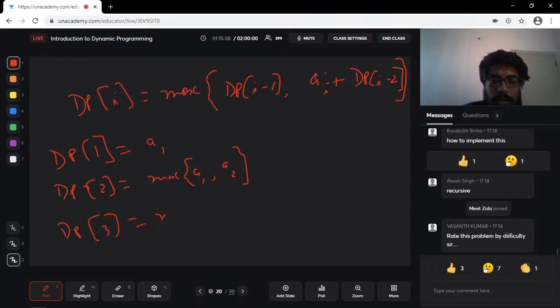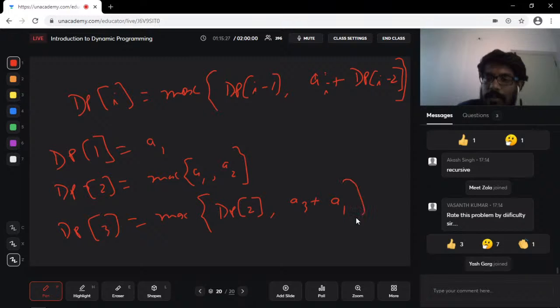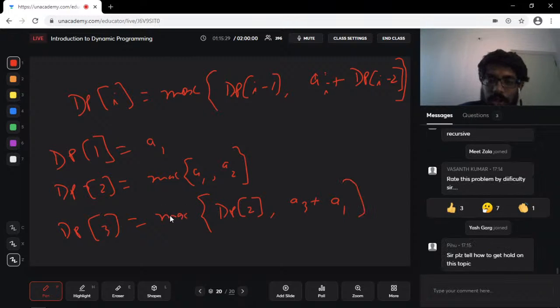So it will be max of dp of I minus 1, which is dp of 2, comma ai, which is a3, plus dp of I minus 2, which is dp of 1, which is just a1, right?